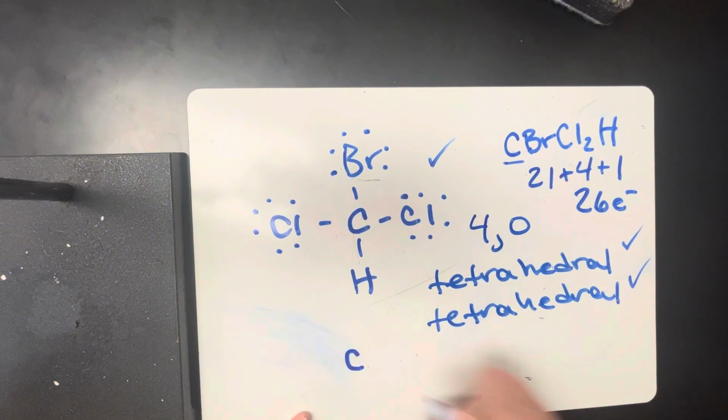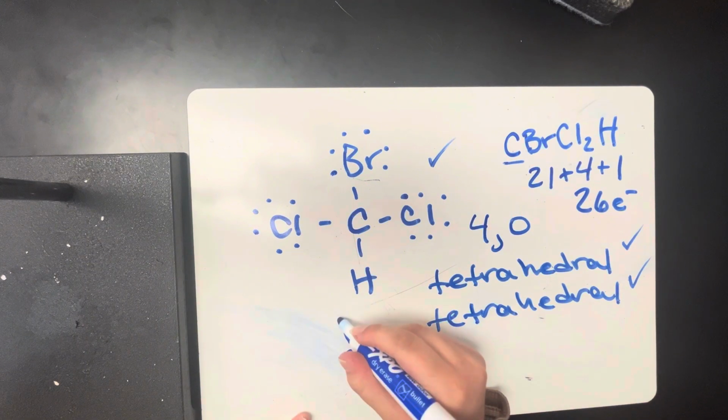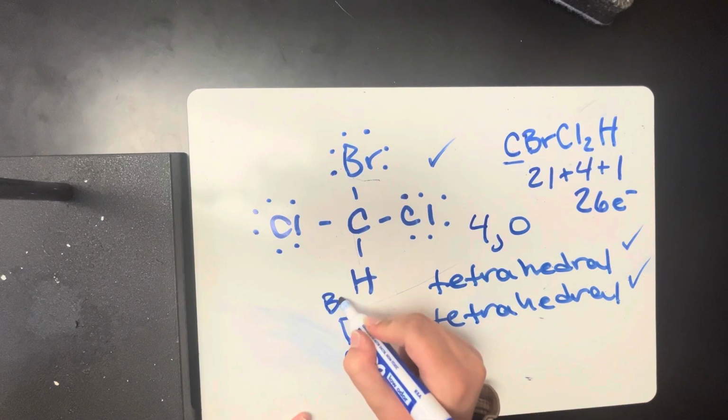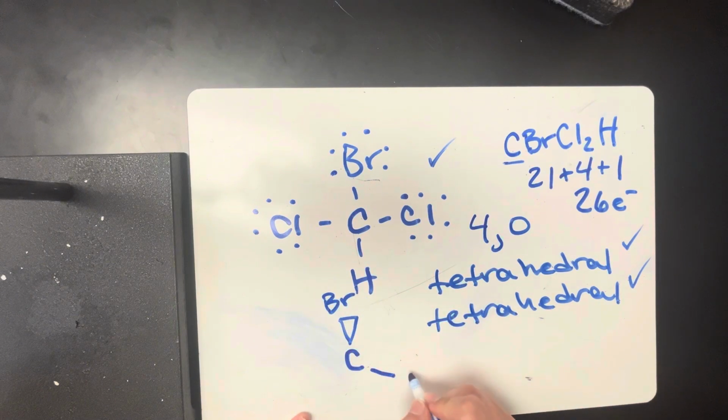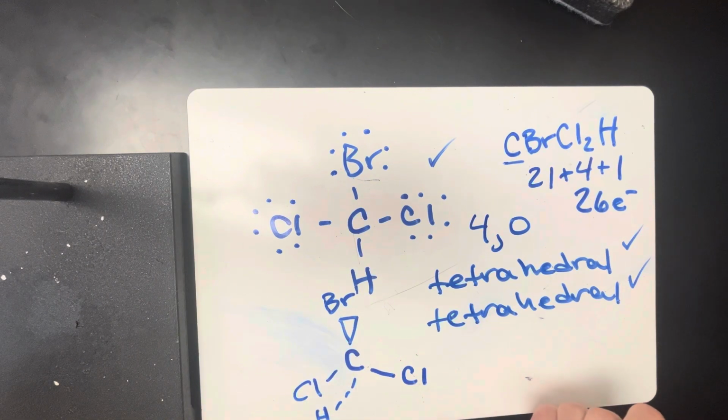It would be more carbon, and then Br, Cl, Cl, and then H. So this would not be symmetrical, which means it's polar.